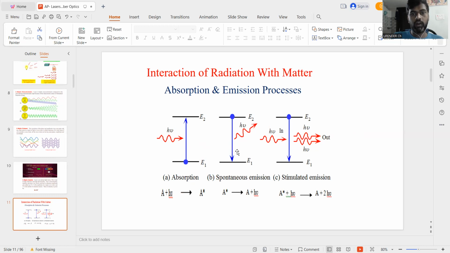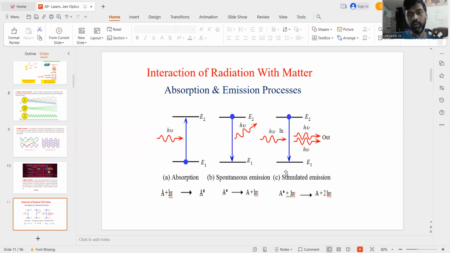After 10 to the power of minus 9 seconds, the atom comes back to the ground state by releasing the absorbed photon. One photon is absorbed, and one photon comes out from the atom. This process is called spontaneous emission, and it takes place inside ordinary light sources: ordinary white light sources, sodium vapor lamps, mercury vapor lamps, etc.